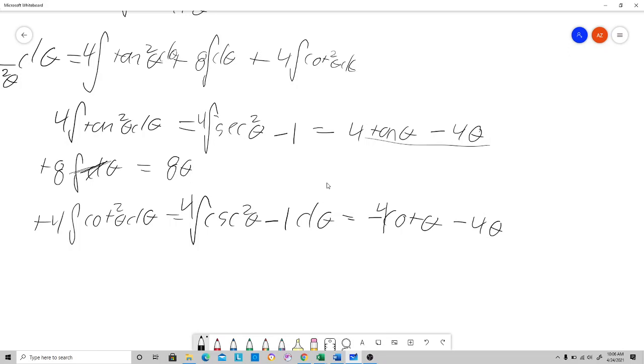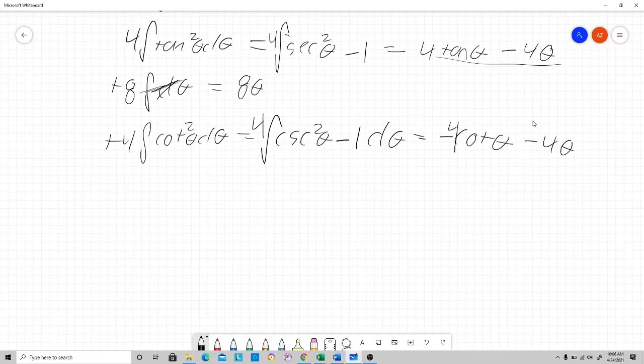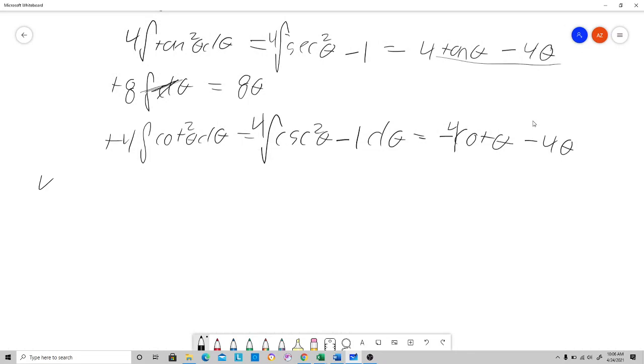Okay, so now let's combine everything together. We're going to have 4 tangent theta minus 4 theta plus 8 theta minus 4 cotangent theta minus 4 theta. This should be the entire integral of what we started, but we're still not done. Let's simplify.